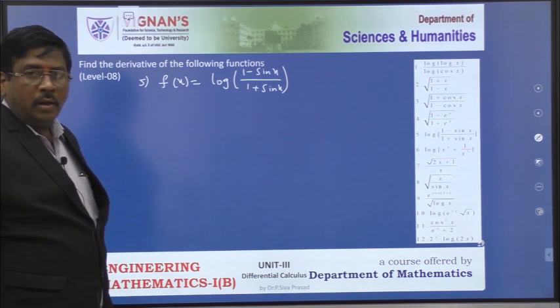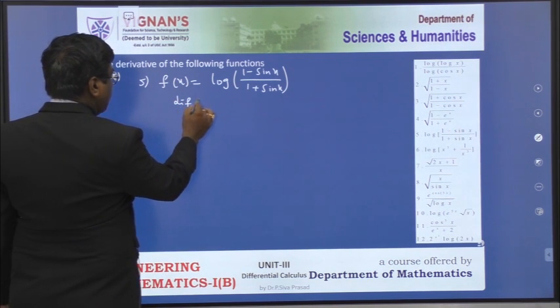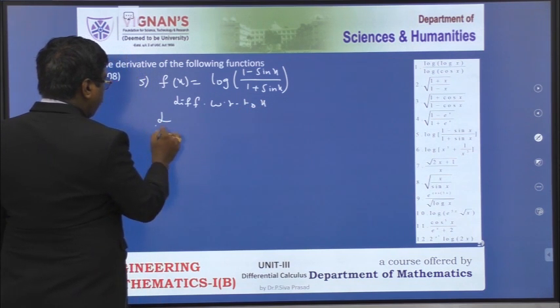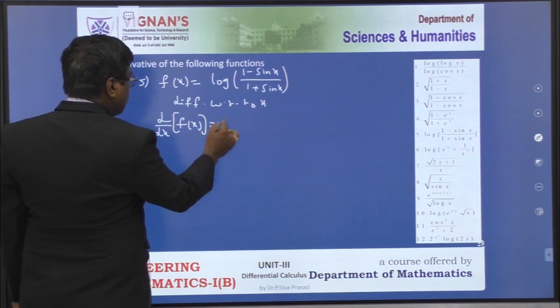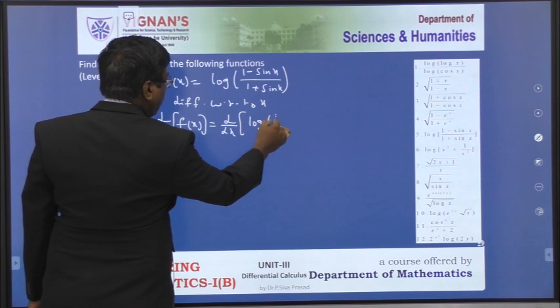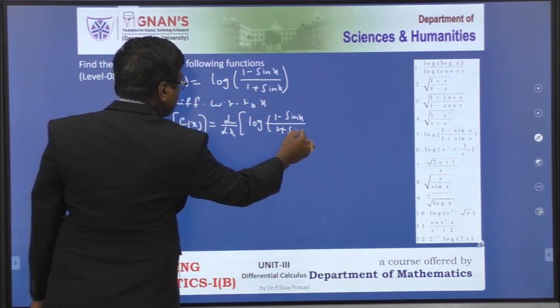All of you catch your point? So, therefore, differentiate with respect to x on both sides. Therefore, d by dx of f of x is equal to d by dx of log of (1 minus sin x) by (1 plus sin x).